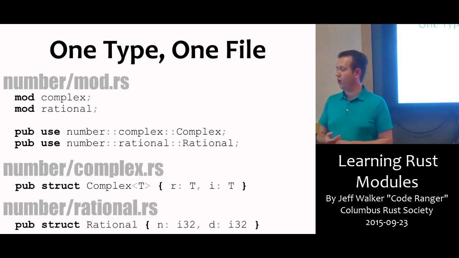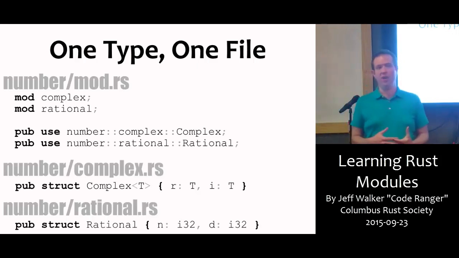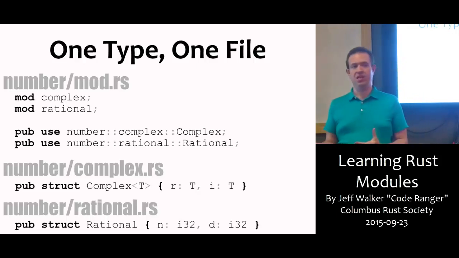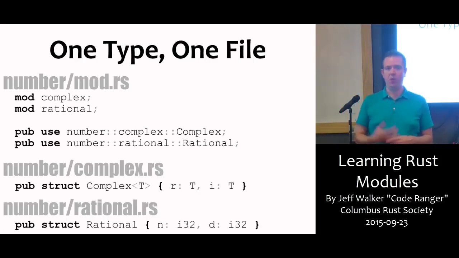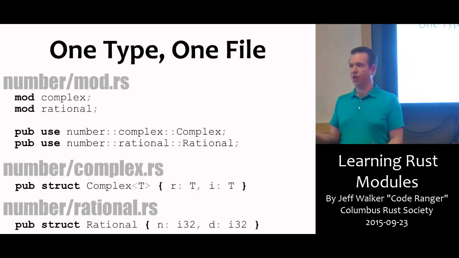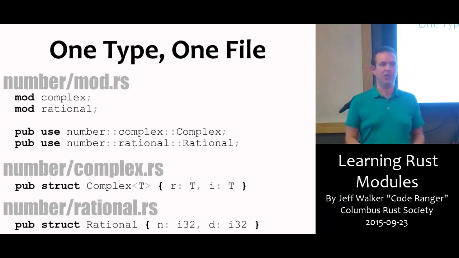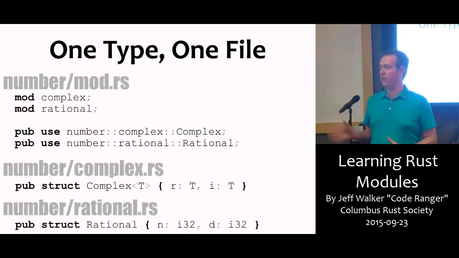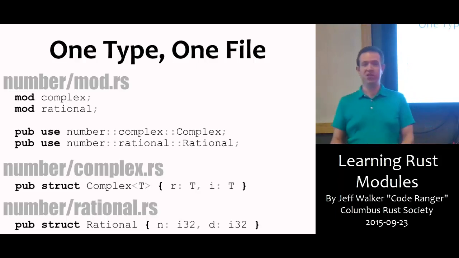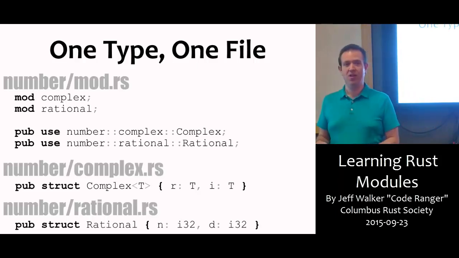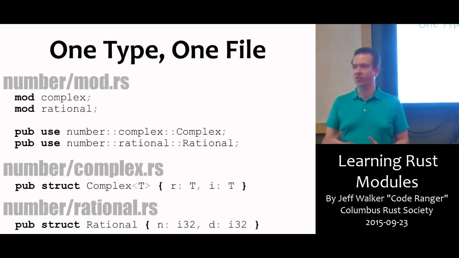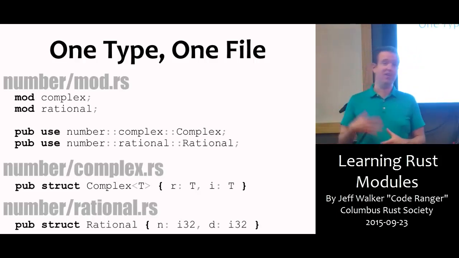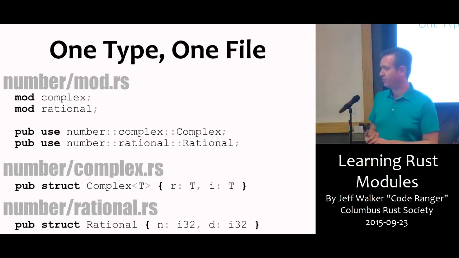So, okay, I was saying, how do we go about putting each of our types into its own file? But we don't actually want them to be in their own modules, and so it's not obvious how we're going to go about doing that. So this is how we do that. We actually do put them in their own modules, but then we have a trick to make it appear to the outside world, the users of our library, that they're not in their own modules.